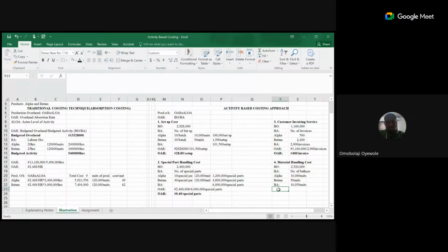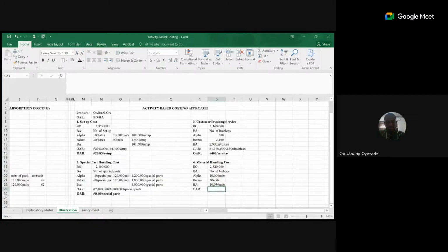So our OAR for material handling cost is going to be 2,520,000 divided by 10,050 units.